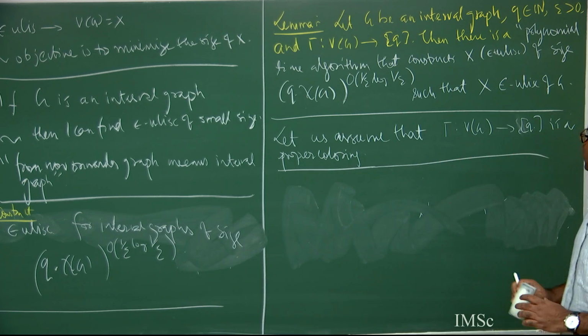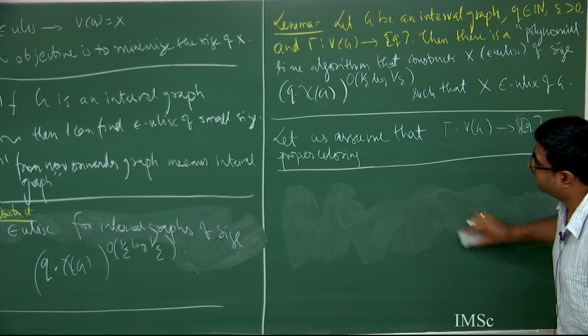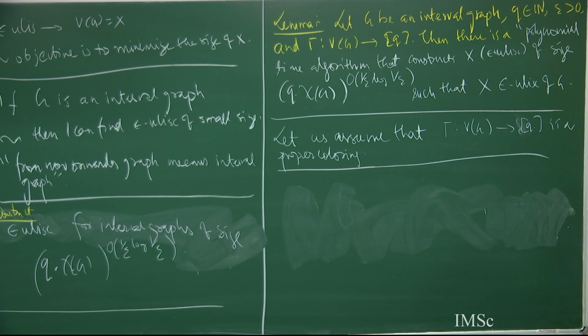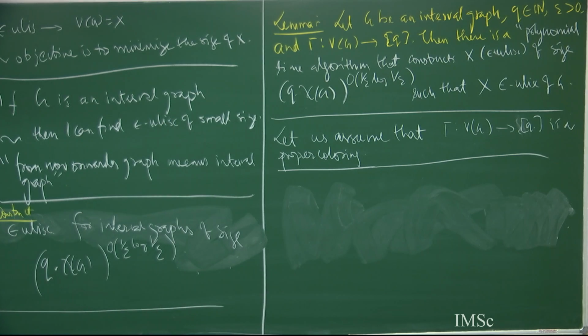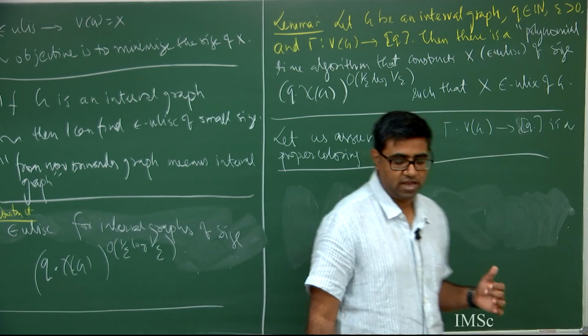Okay. So now what strategy should be applied? Let's take forward what Rohani's strategy was. What she said was that if I have a set S, if there was a multicolored independent set, whatever that means, just take that and you are done.